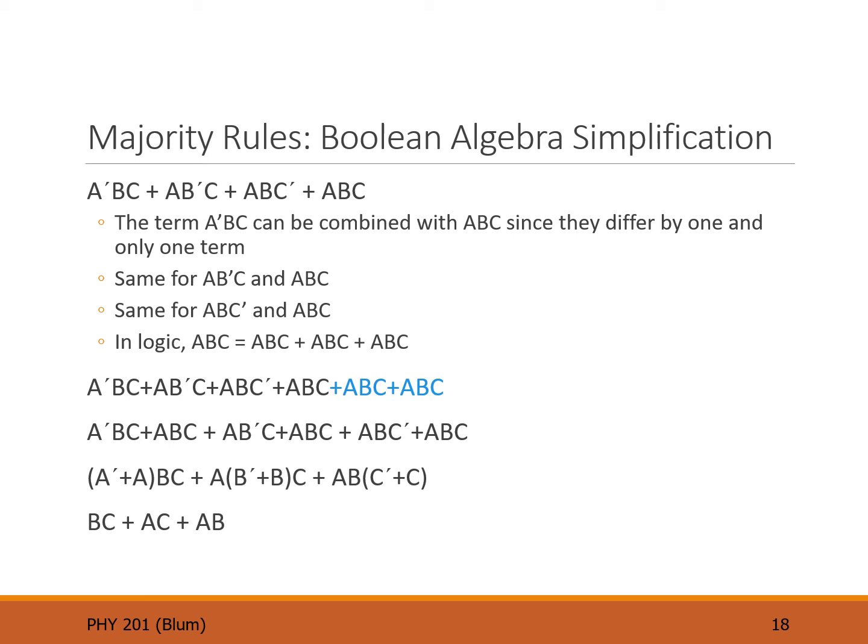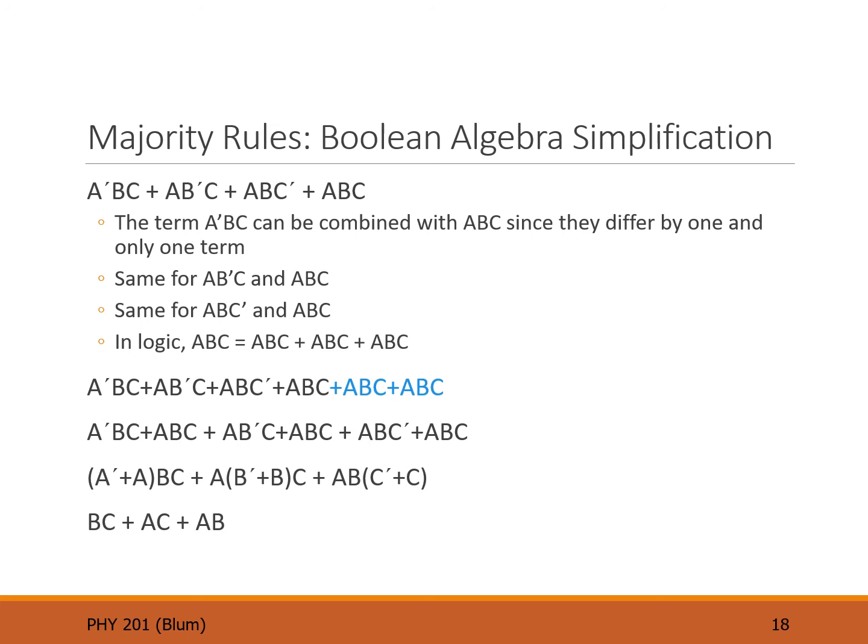Now let's look at the second term. It's A B prime C. We already know it doesn't match up with the first term. Let's look at it with the third term. Well, no, the B changes and C changes. But the second term and the fourth term differ only by B. And the third term, A B C prime, does not match up with the first or the second, but it also likes to match up with the fourth term.